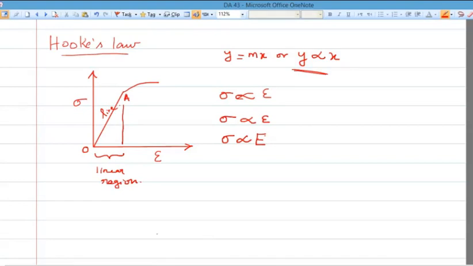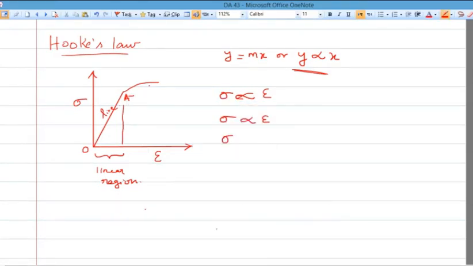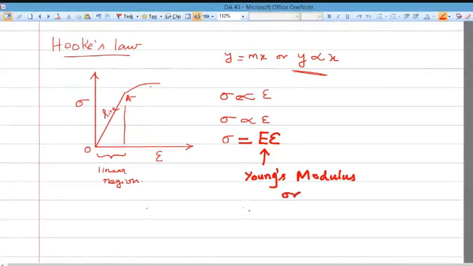So the stress is equal to Young's modulus into strain. This capital E is the Young's modulus, or you can call it the modulus of elasticity.